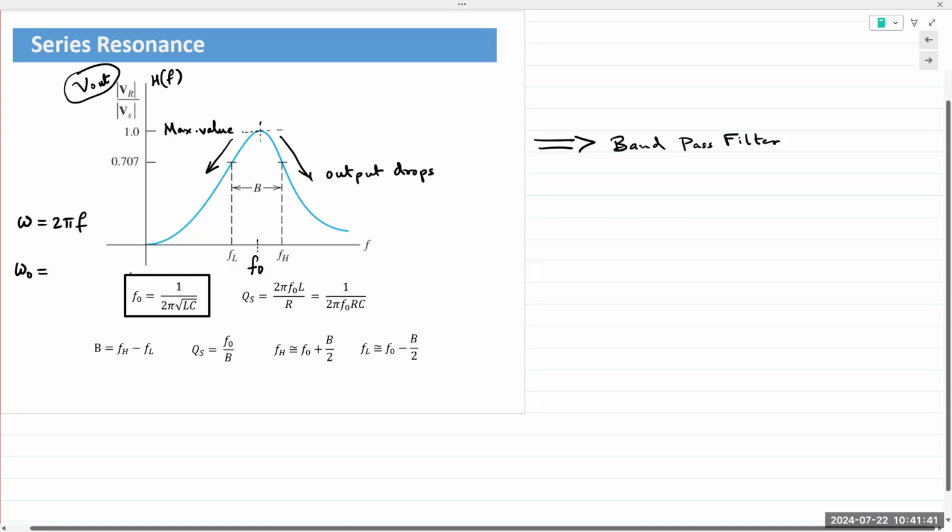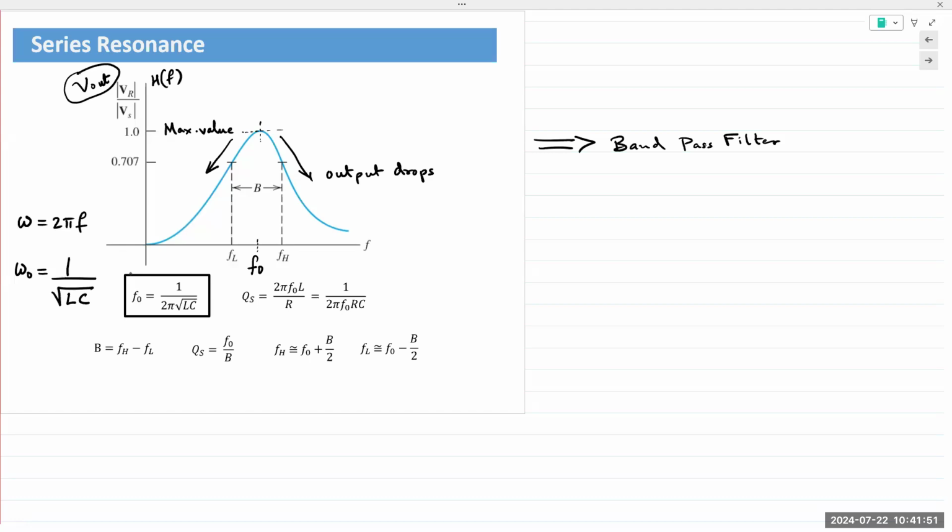So omega 0 is simply 1 over root of LC. The resonant frequency depends on the physical values of the inductor and the capacitor. Depending on the frequency, the energy transfer that is taking place becomes balanced at that single frequency.